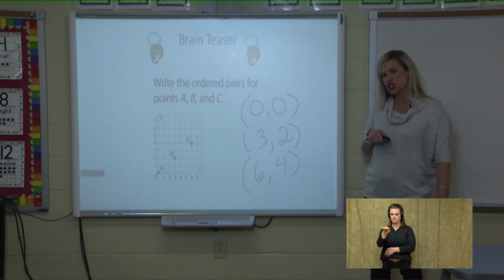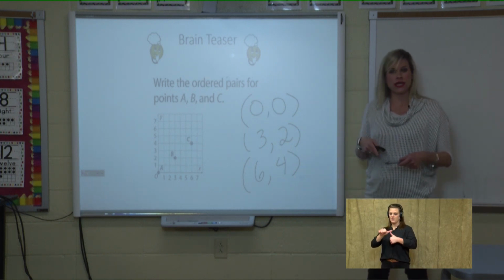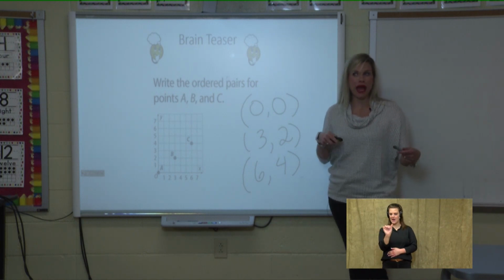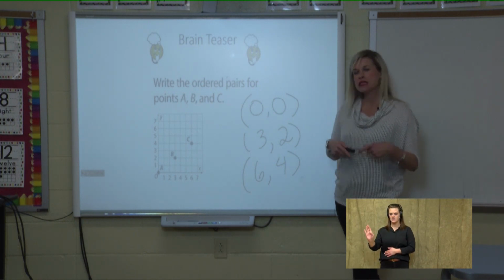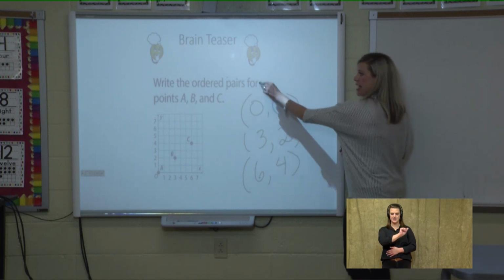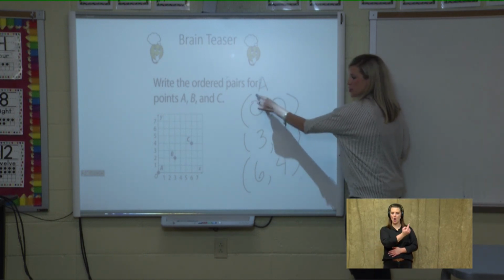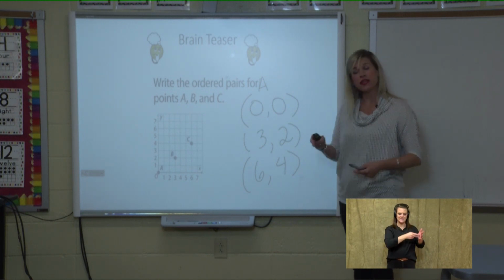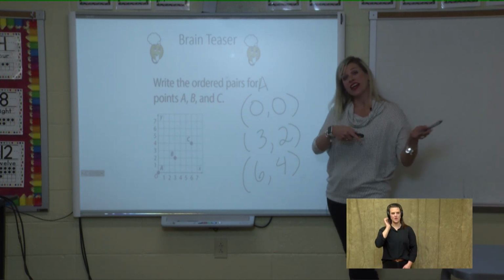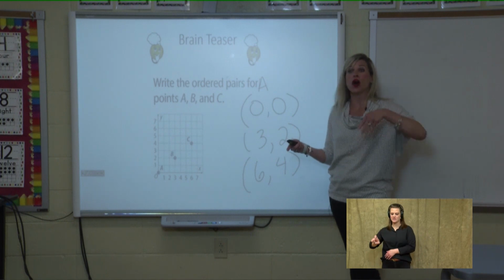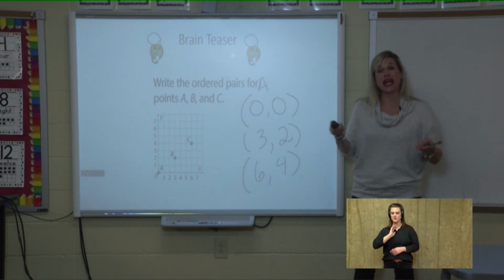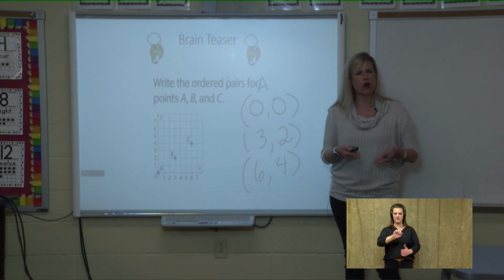Now, here's what I want you to remember as we move forward. If I say, let's look at pattern A and pattern B, A is always going to be your x coordinate. Because if you think about it, we go along the x-axis before we go along the y-axis, right? So we look at pattern A first, and that will always go along the x-axis.